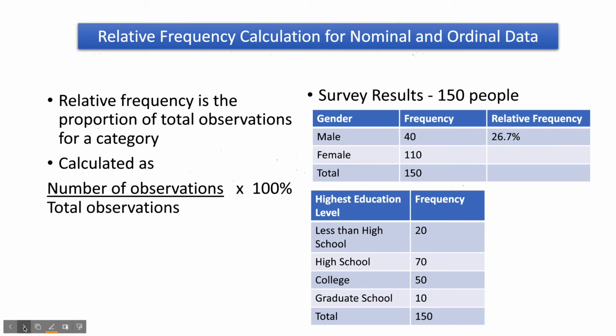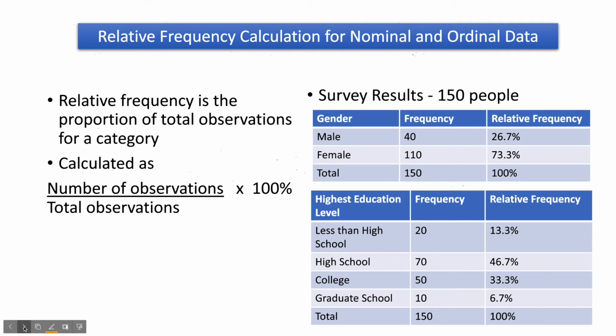So, as you can see, we've listed our relative frequencies, and when we add up the relative frequencies, they sum to 100%. And this is going to be true of all relative frequencies when you calculate the relative frequency for all of the categories. They should sum up to 100%.